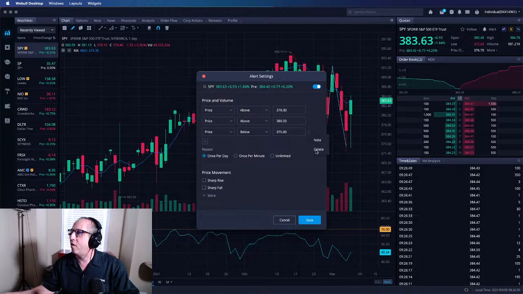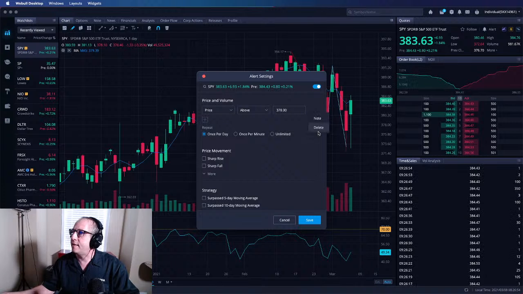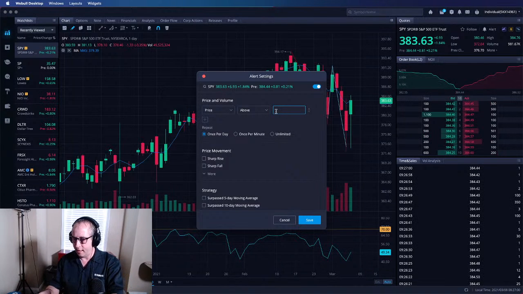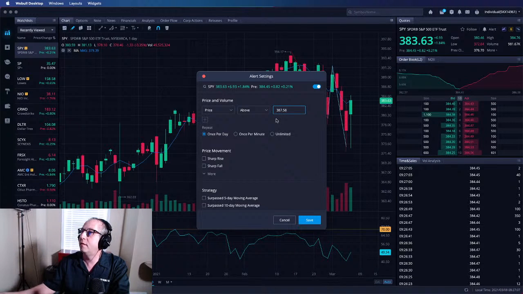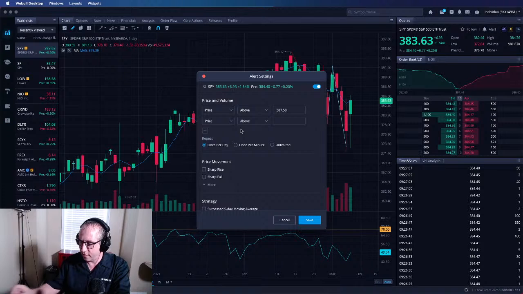I set up different levels that I look at. They are based on R1, resistance 1, resistance 2, resistance 3, so let's start to put those in. So price above resistance 1, R1 is 387.58. Okay, and then R2, 391.56.